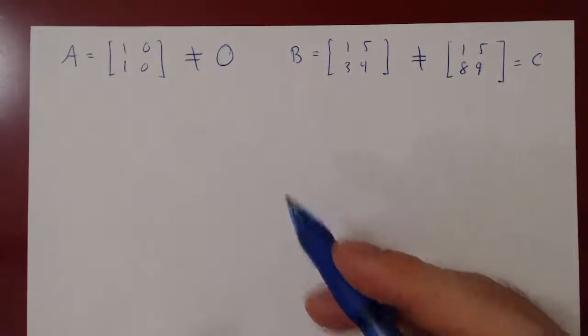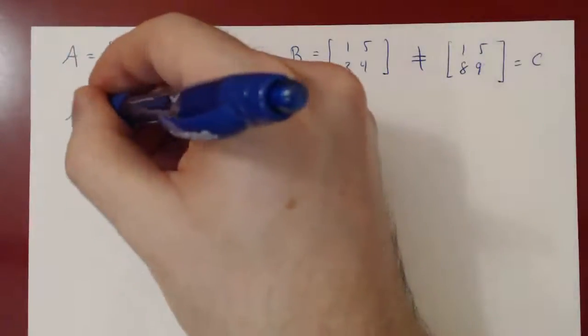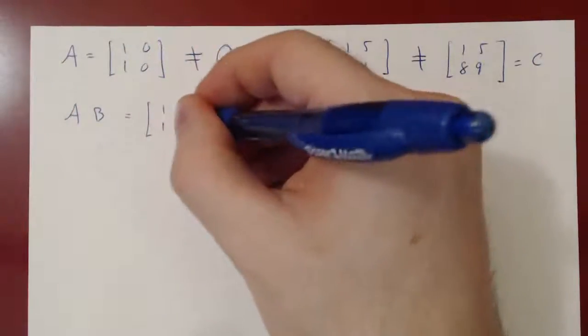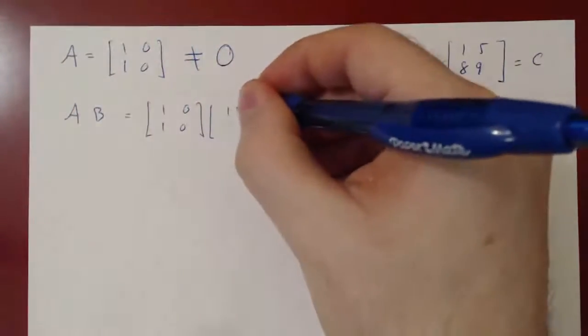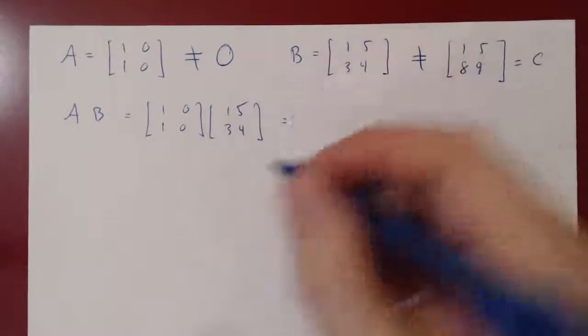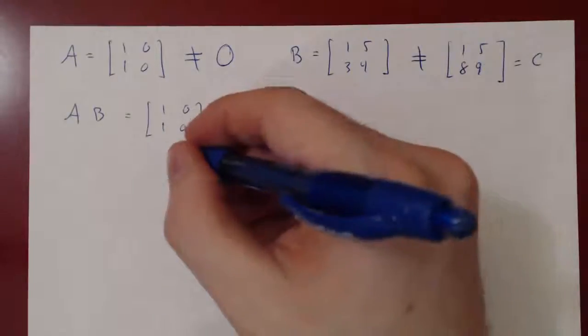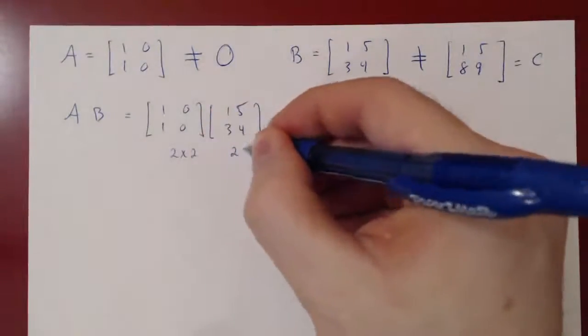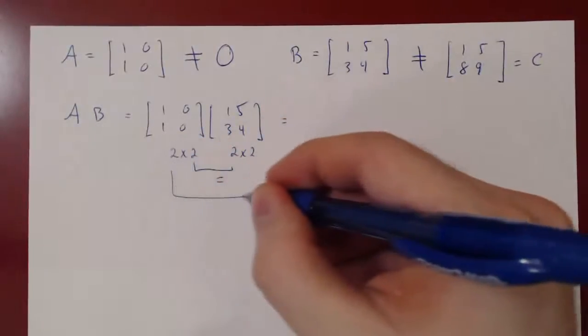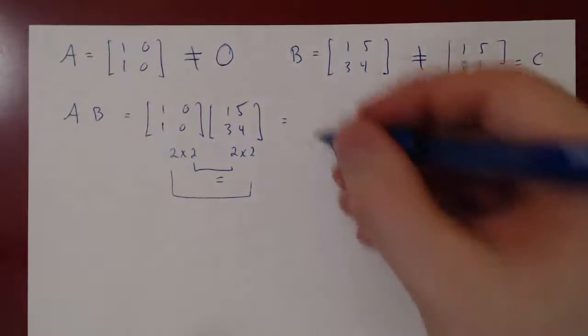Let's look at AB and AC. This is a 2 by 2 matrix. This is a 2 by 2 matrix. 2 equals 2. And the result is a 2 by 2 matrix.